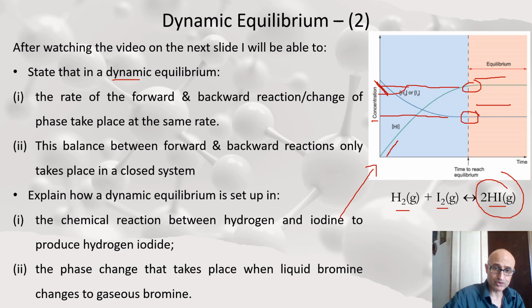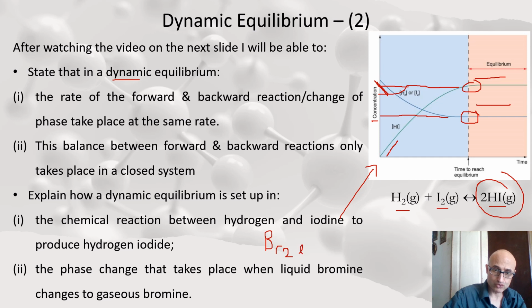The final point to consider over here is the phase change that takes place when liquid bromine changes to gaseous bromine. That also is explained in the presentation. Basically, just as you can have a reversible chemical reaction, you can have this sort of reversible phase change.